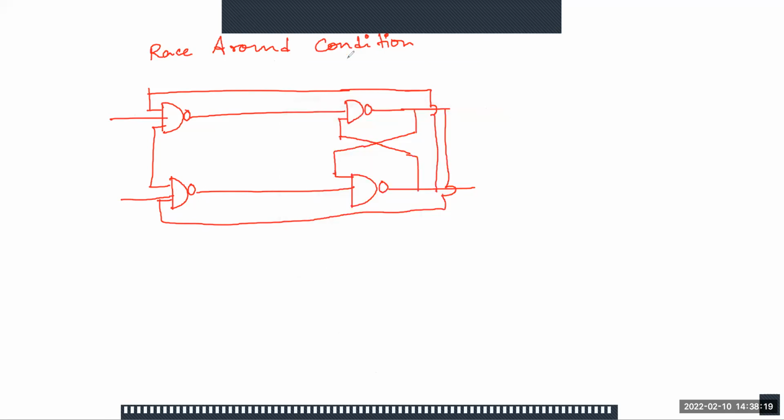Okay, so this is the JK flip flop. This is J and this is K. Here we are considering this is Q and this is Q bar.